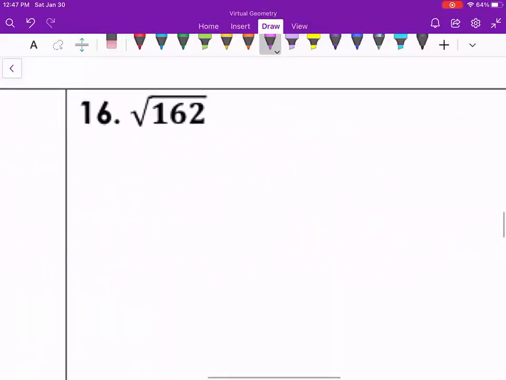Let's get something a little bit bigger this time. So now we have 162. All right, I know that, again, if you don't know a number right away that goes into it, it is an even number, so 2 will divide into it, and I get 81 in return. And 81 I can break down because that's a 9 and a 9.